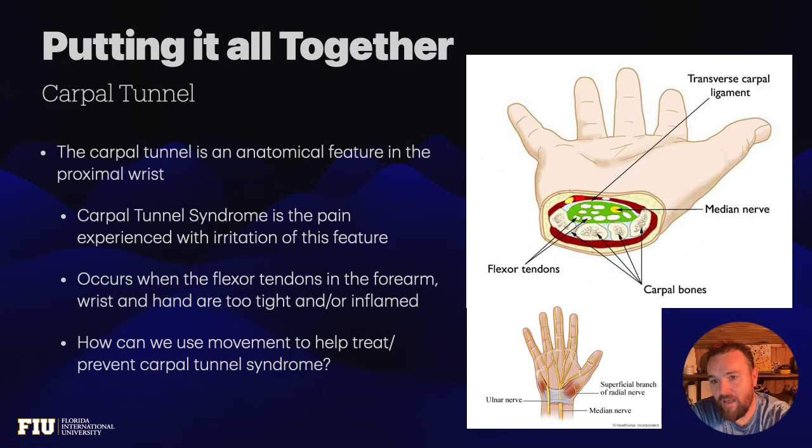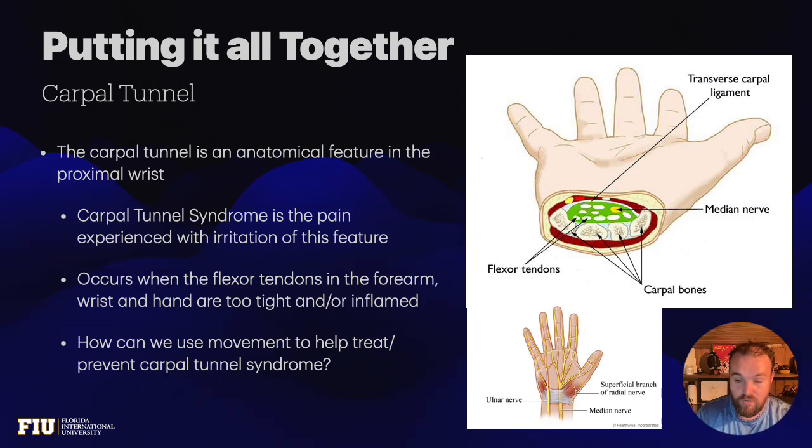So when we take a look at that, we can think to ourselves, well, why does that happen? And I have it right here on the slide. When the flexor tendons of our hand, right, flexor digitorum profundus, superficialis, digiti minimi, pollicis, all the different ones. There's no flexor digiti minimi, but all the different ones that we can see from this. All of those muscles will come in and they go through this carpal tunnel.